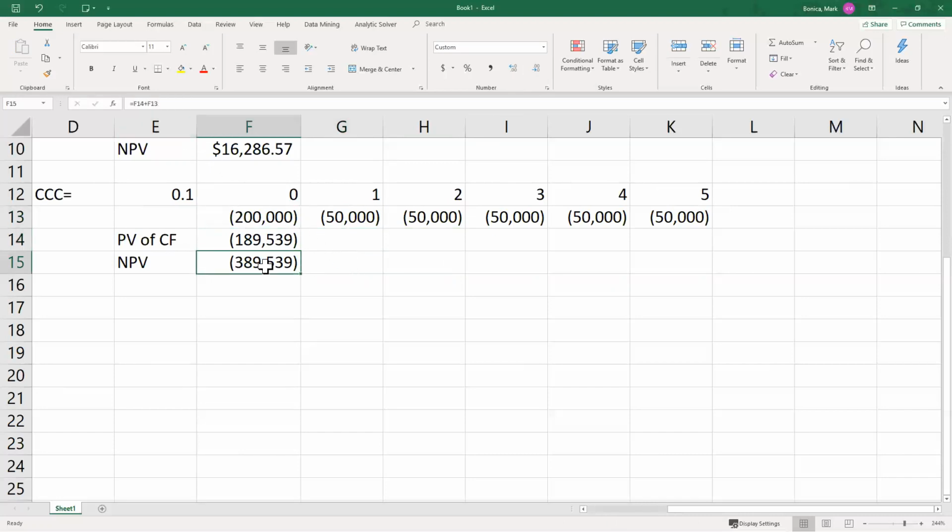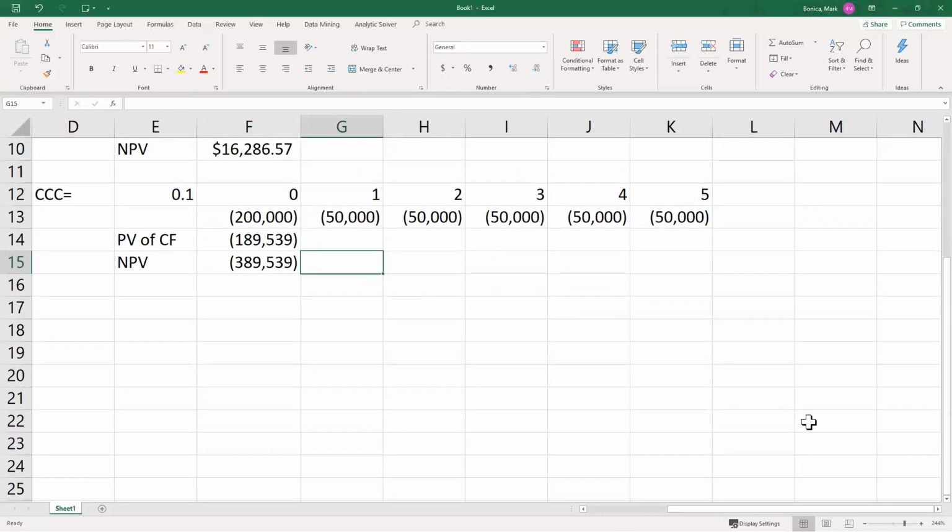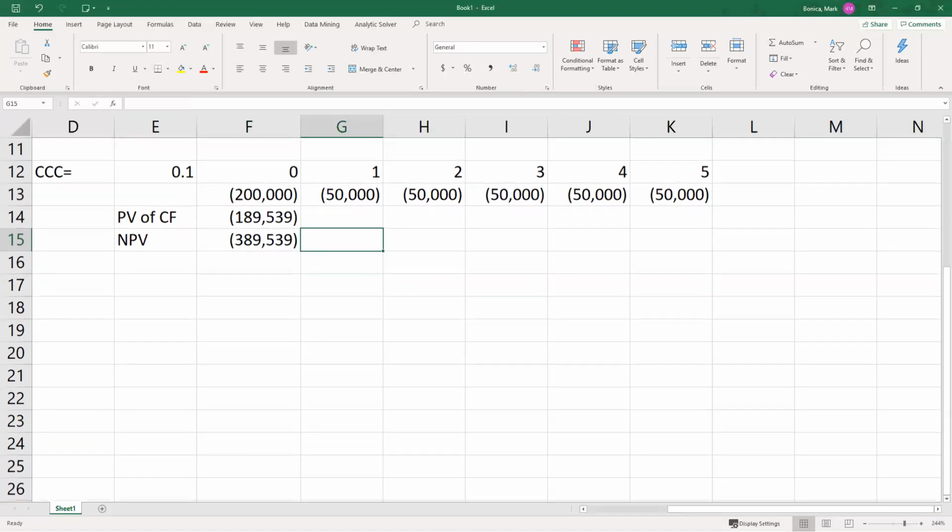Imagine here we're considering installing a new electronic health record. These numbers are tiny for an electronic health record, but imagine we would have a $200,000 install and then $50,000 a year going into the future for 5 years. So in order to install the record, we'd have to pay $200,000, and then we'd pay a fee of $50,000 each year.